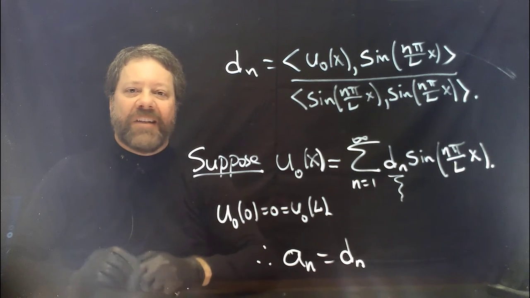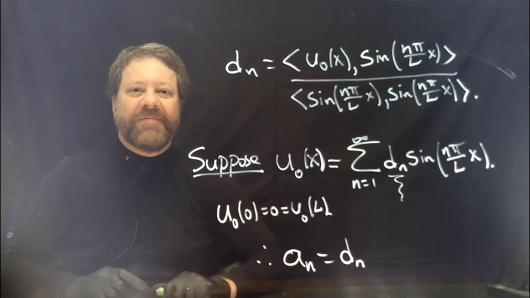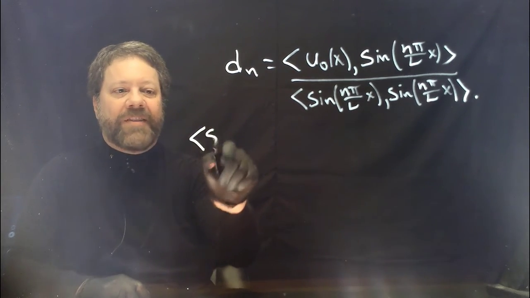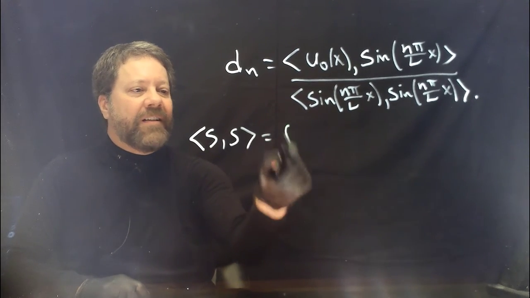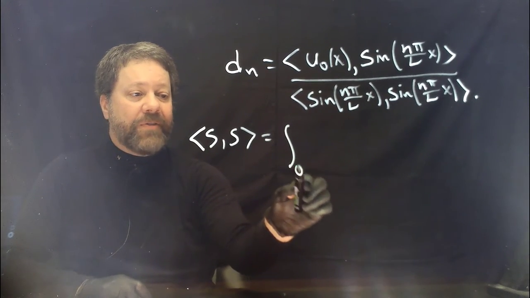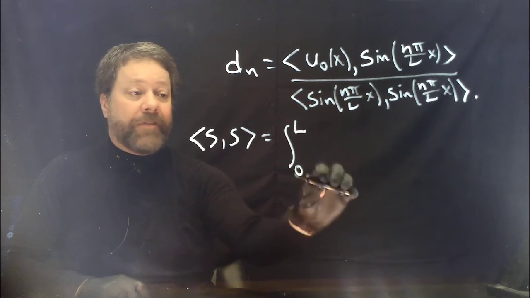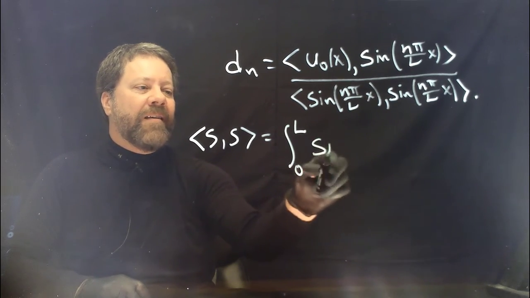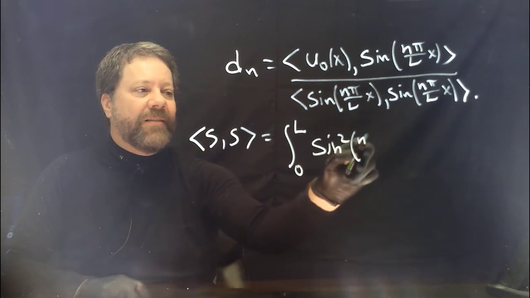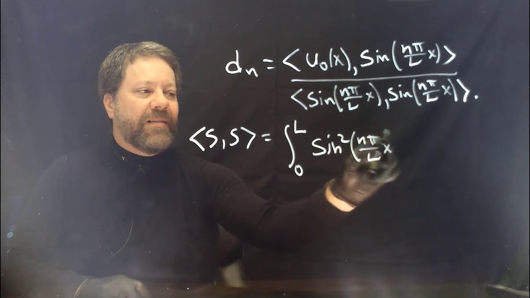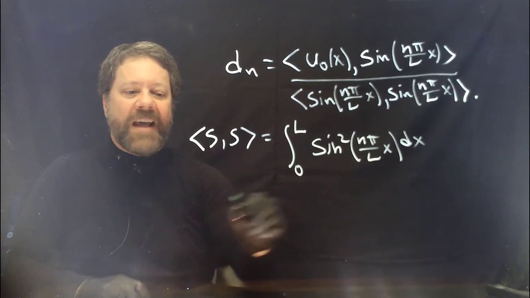We just need to calculate the denominator. The inner product of sine with itself, the inner product that we use, of course, is on the interval from 0 to L. So we'll have the sine squared, which of course requires the half angle identity.